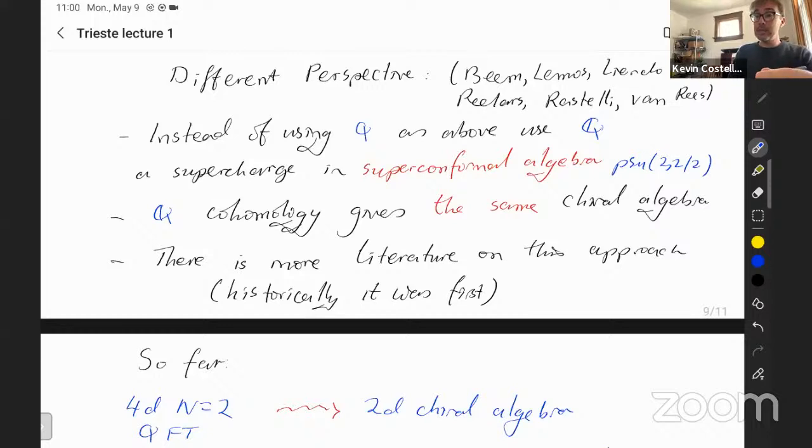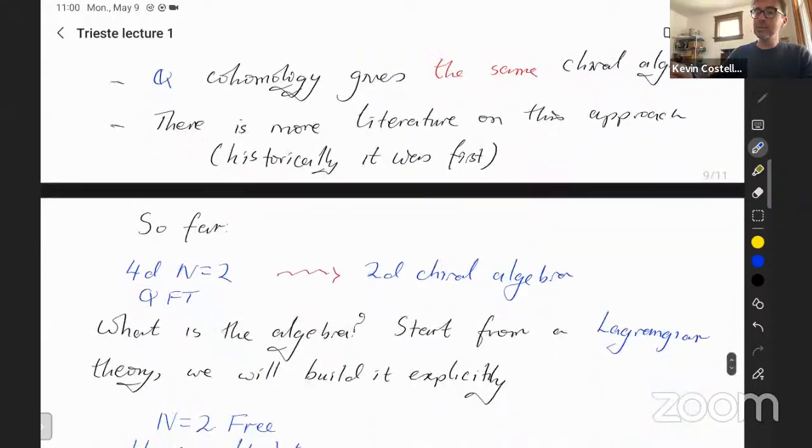And this perspective was historically the first one on building the chiral algebra from an N=2 theory. There's a great deal of literature about it, so I'm sure people who are interested can find good things to read. But as I said, I mostly want to say, given an N=2 theory, what is the algebra? So let me start on this.